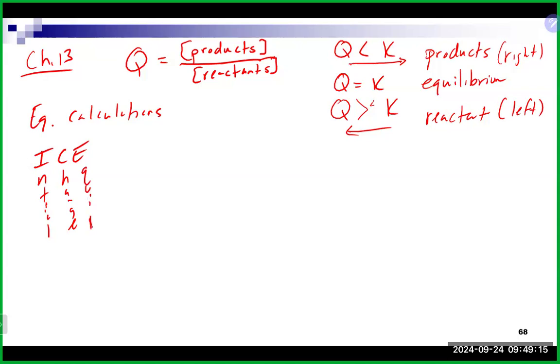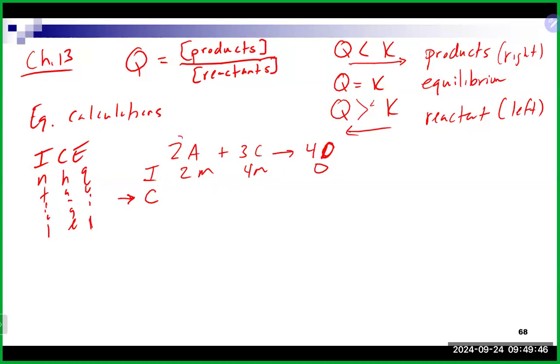When we have an equation, say we had 2 molar of this one, 4 molar of this one, and nothing of this one. Remember that the change part is really the most important part of this table in a sense. It takes into account the stoichiometry, and it's also what you're really trying to find.